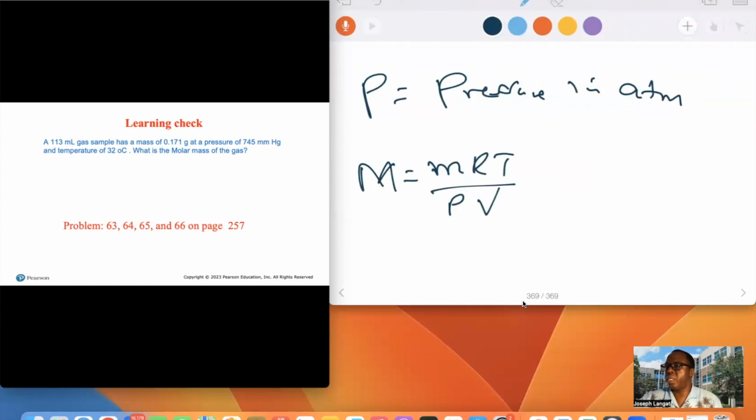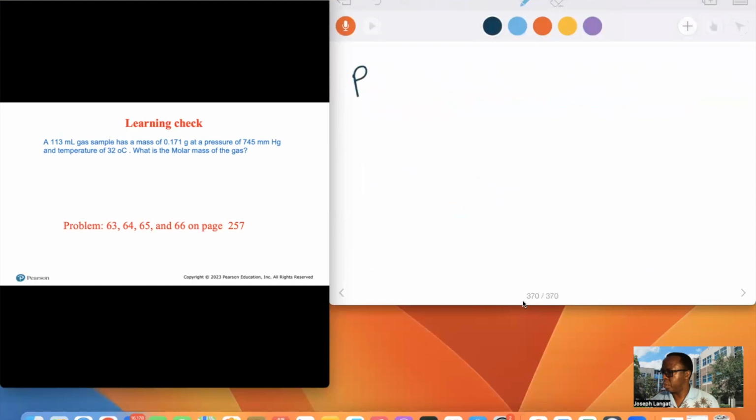So pressure is 745 millimeters of mercury.